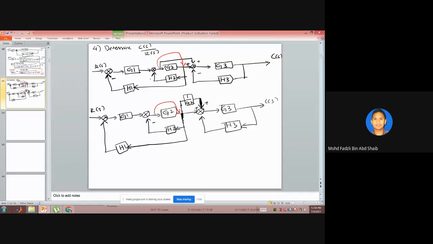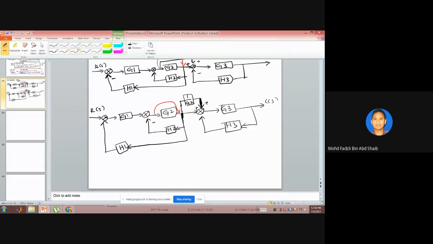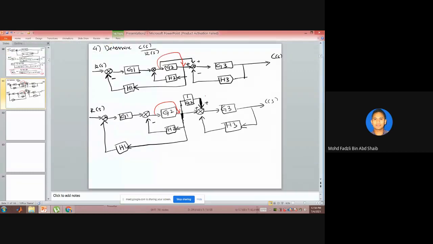You can see here, at the front is plus. Okay, plus.